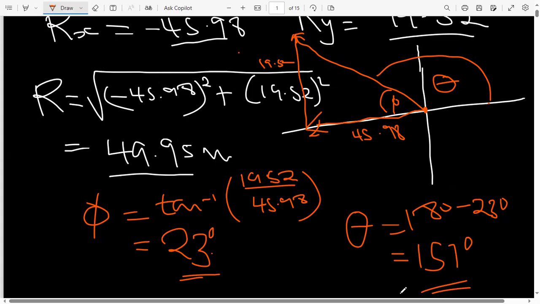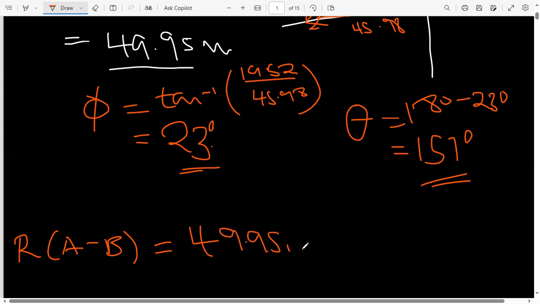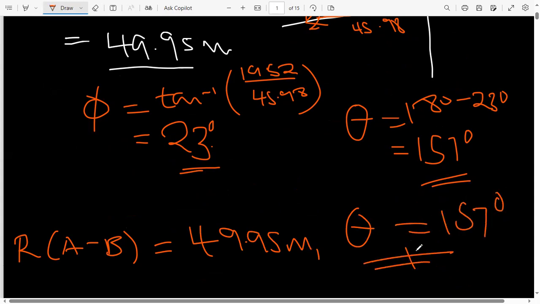So that's how we find the answer there. So it means our resultant for A minus B will be 49.95 meters, and then the angle from the positive x-axis will be 157 degrees. So that's how we solve that one.